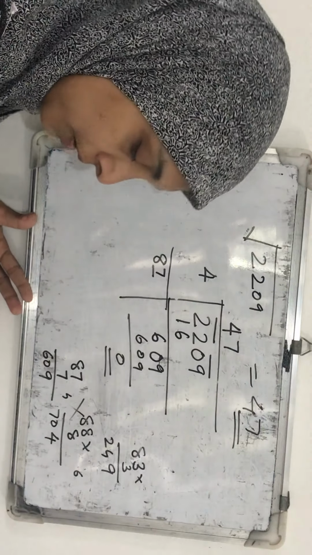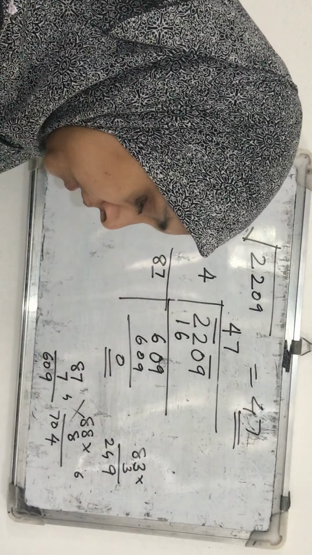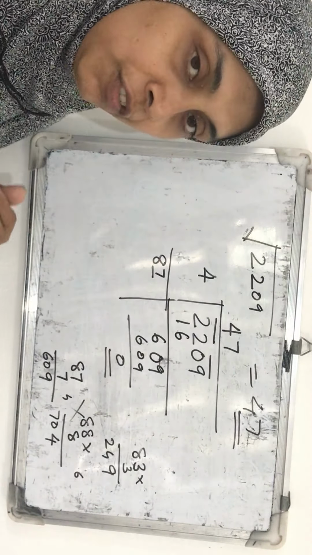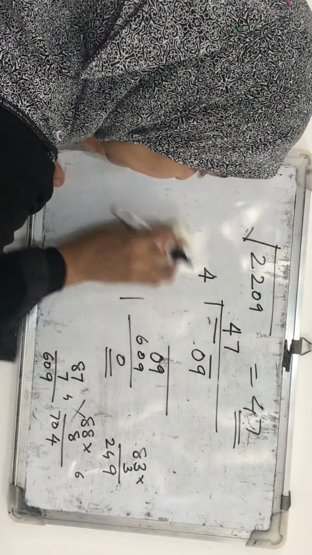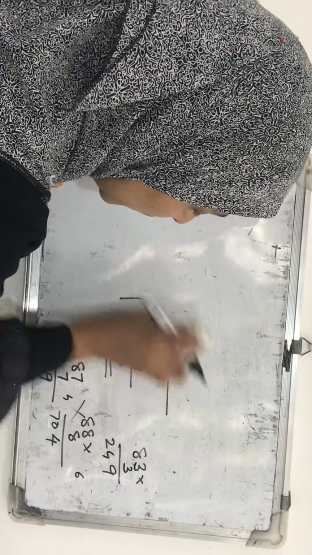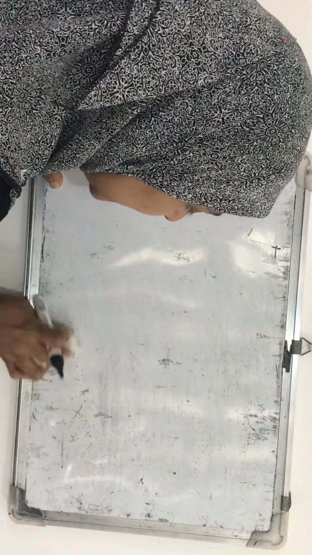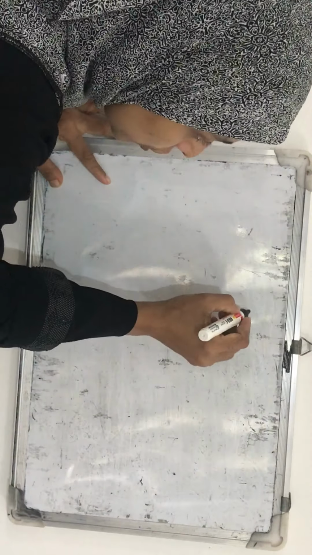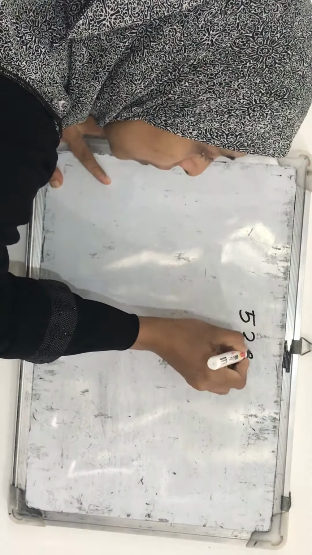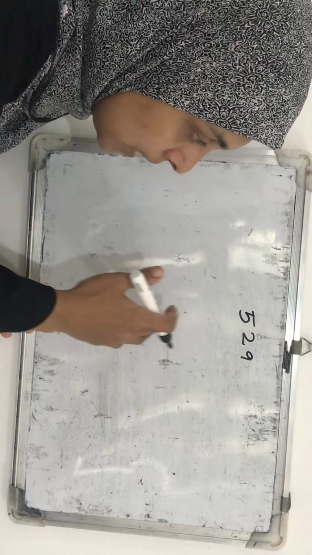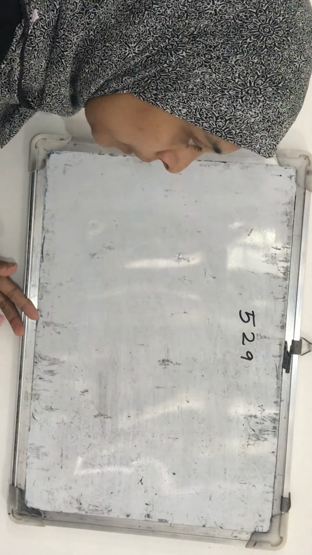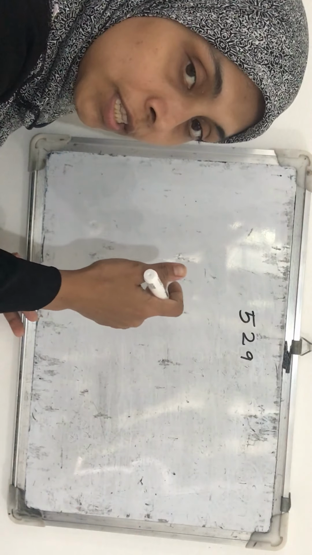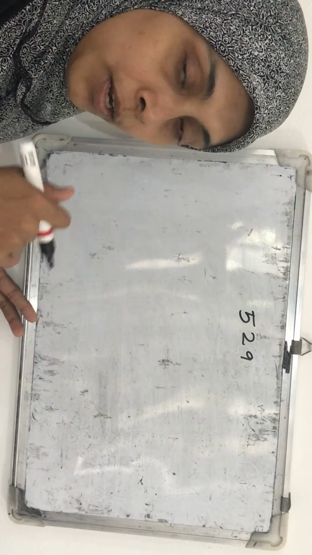In this way we can find out the square root of smaller numbers also. Suppose we want to find out the square root of a 3 digit number. Suppose 529. We know its square root because it is a smaller number. Anyway, we can find out this square root through the division method.